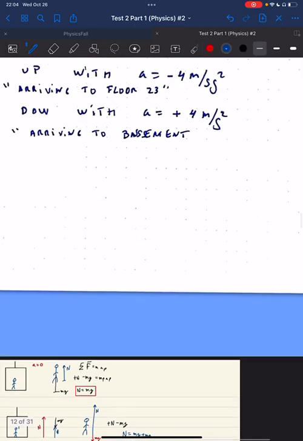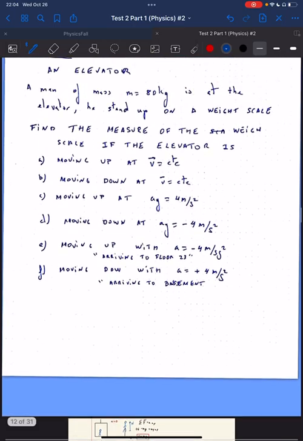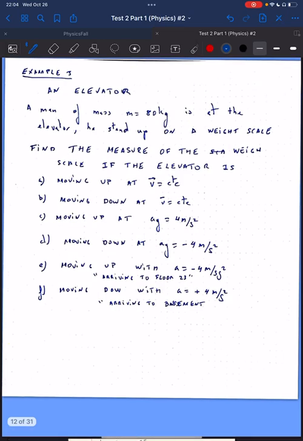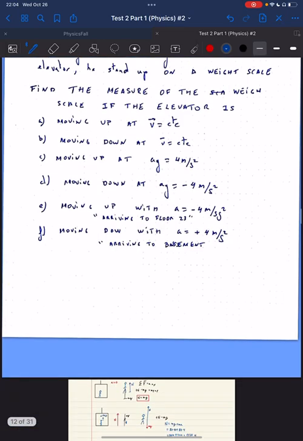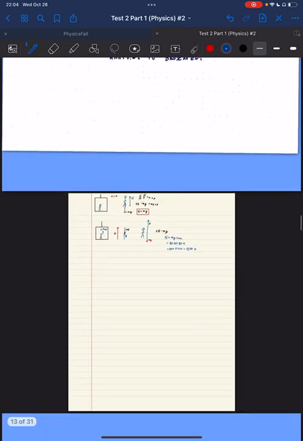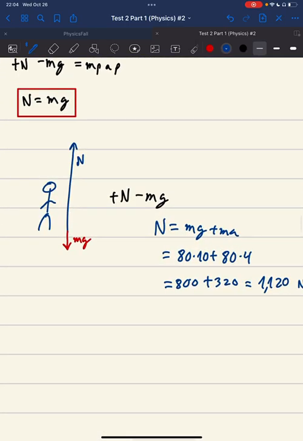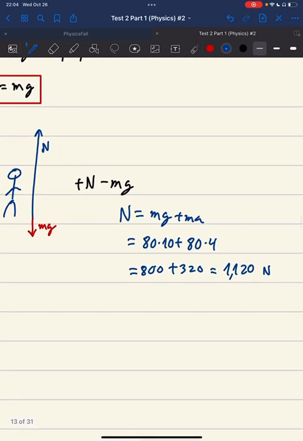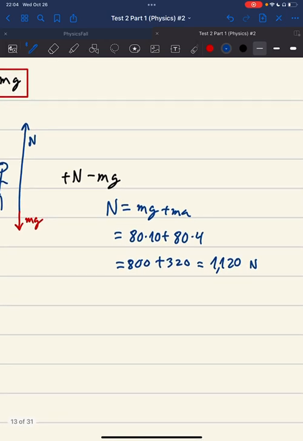That will be for, now, if it's negative, it will be the same thing, but just 800 minus 320. 800 minus 320 is 480.